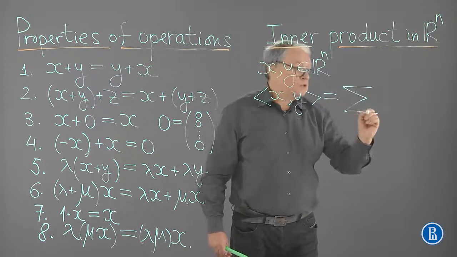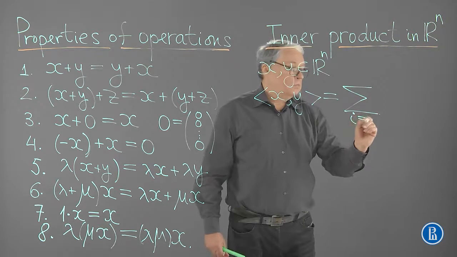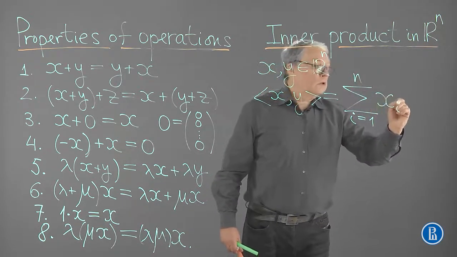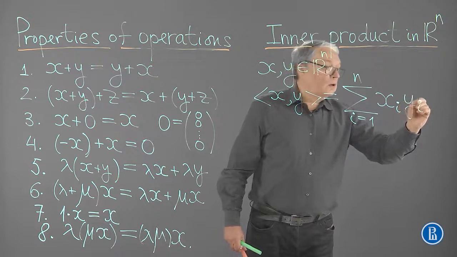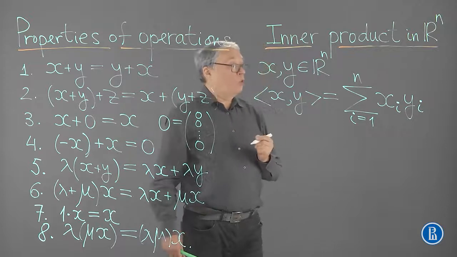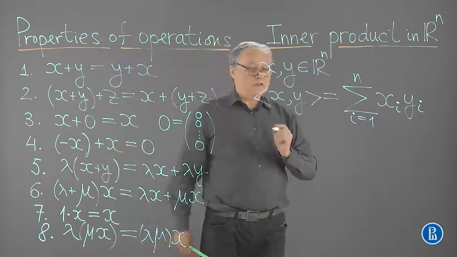This is a summation symbol. And here, xi and yi are the coordinates of these two vectors.